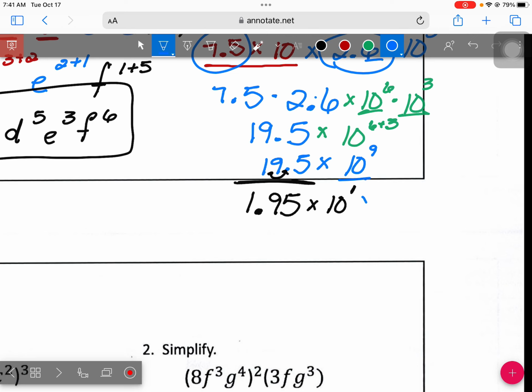Then I say times 10 to the 9th power, which all together is 10 to the 1 plus 9, which is 1.95 times 10 to the 10th power.